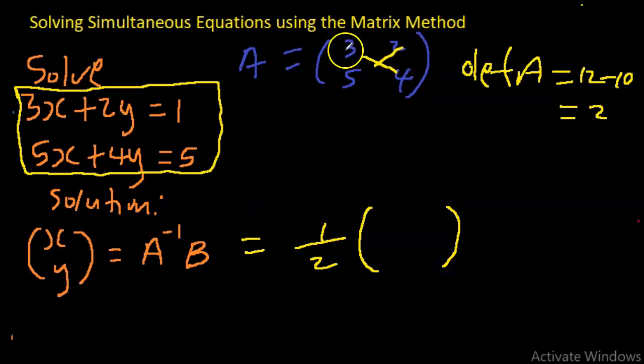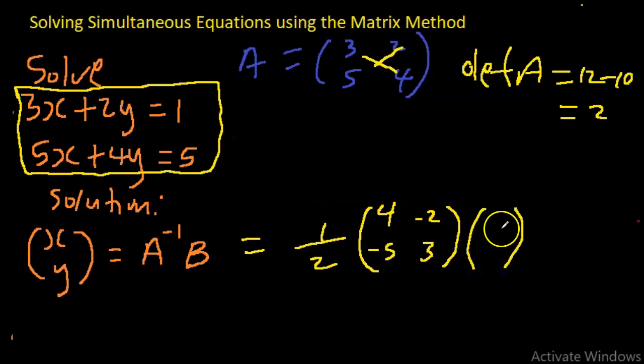You swap these, so you get 4, 3, and then these change signs, so it's minus 2, minus 5. And then I would multiply it by B, and B would be the constants over here, which is 1, 5.